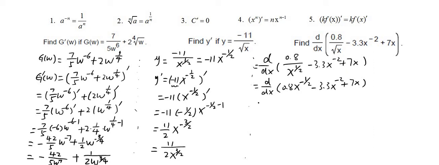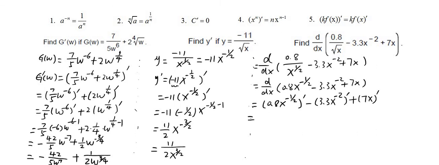Then we do the derivative for each term. We write down 0.8 x to the power negative 1/2, and 3.3 x to the power negative 2 prime plus 7x prime.